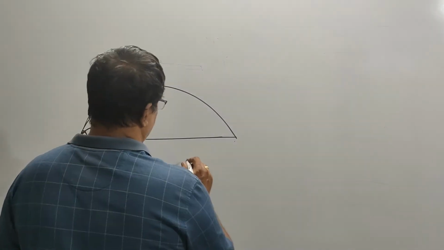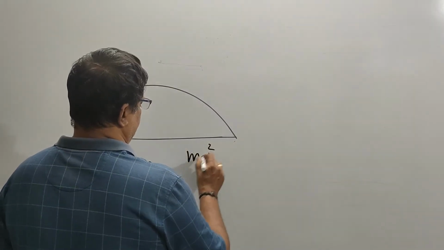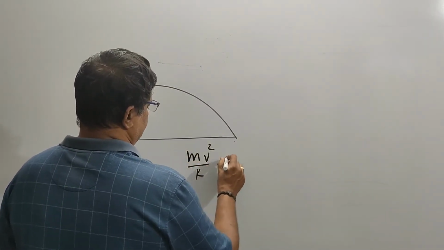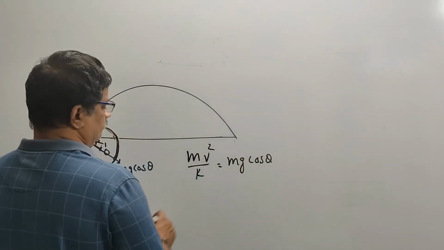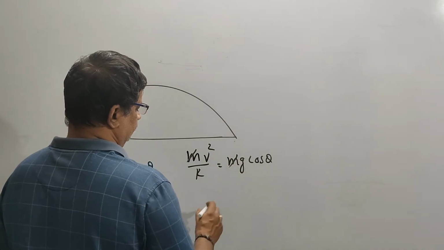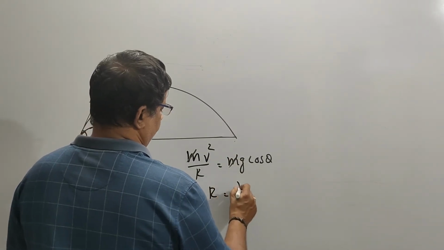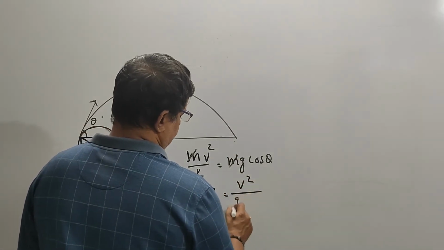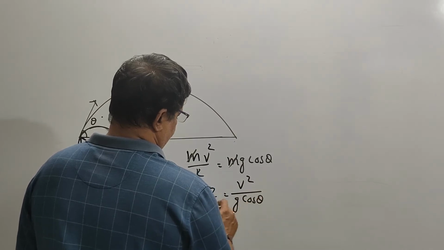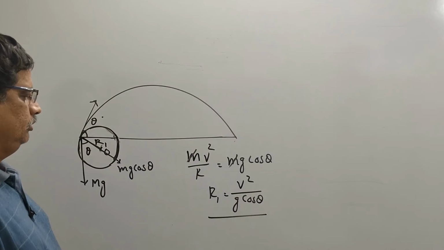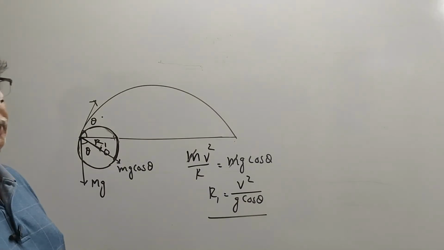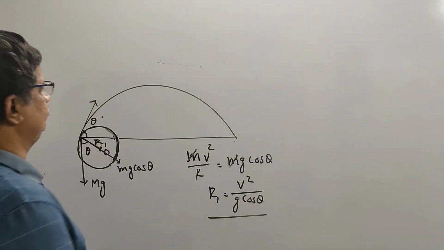So we can write at the point of projection mv square by r is given by mg cos theta. So m gets cancelled. So r is equal to v square by g cos theta. So this is the radius of curvature at the point of projection, r1, which is v square by g cos theta.